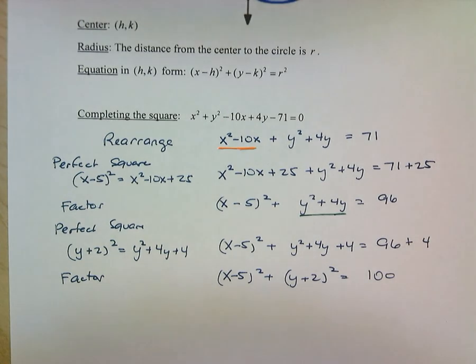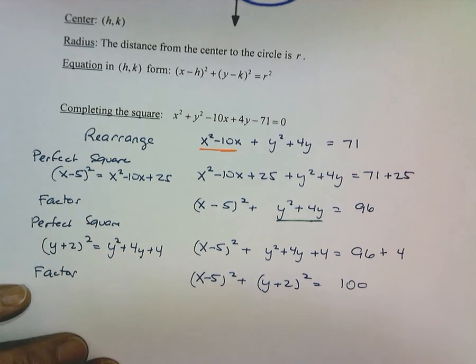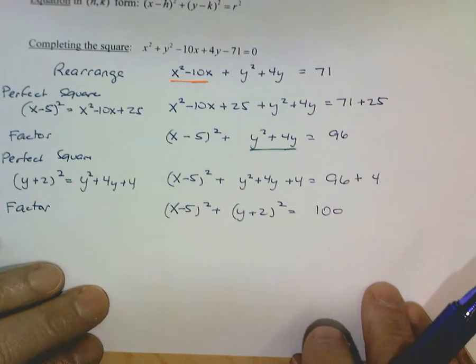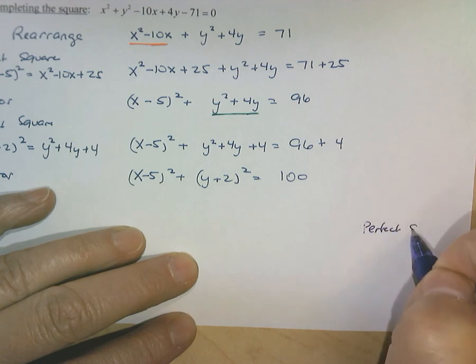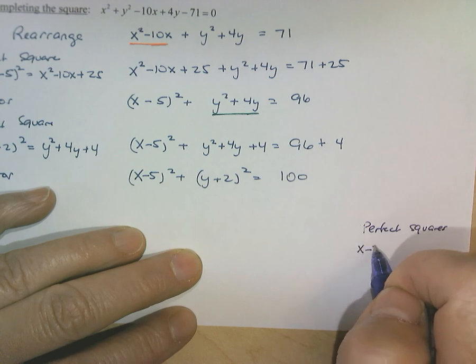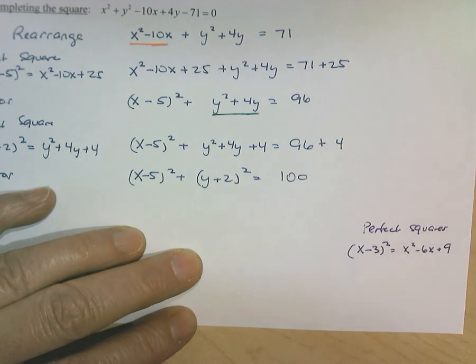Okay, now it's in the form that I can find everything, but let me go back for a second. This idea of perfect squares. If you remember from Algebra 1, you would have factored perfect squares, and then you would have learned to multiply. So x minus 3 squared would be x squared minus 6x plus 9.